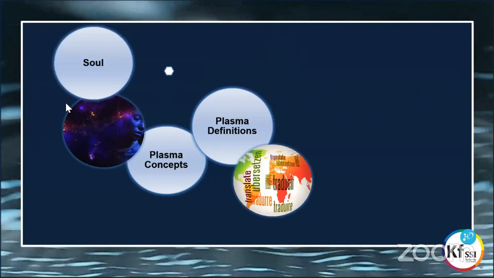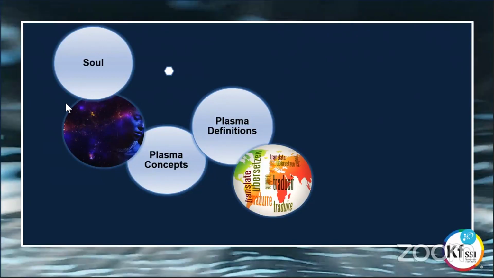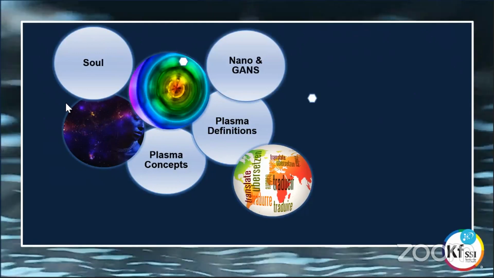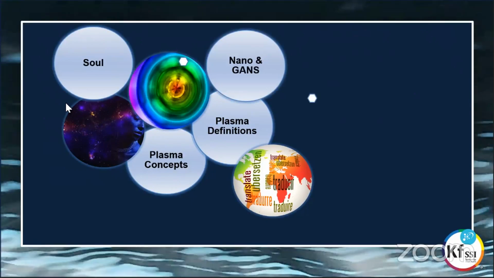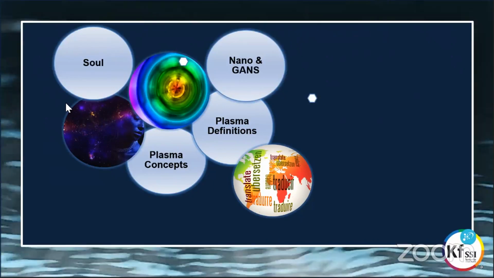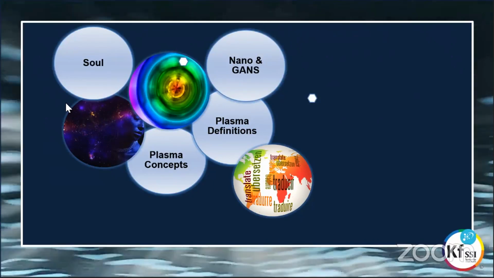We'll have Lisa that will come in and give us some more information on different aspects of the soul. And then we'll have Sandor that will come in and will help a lot of us with the nano and Gans, because there's always so many questions on that area.